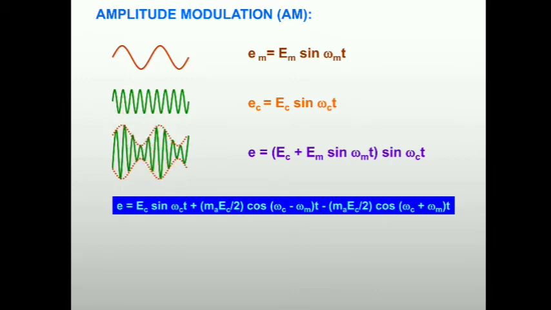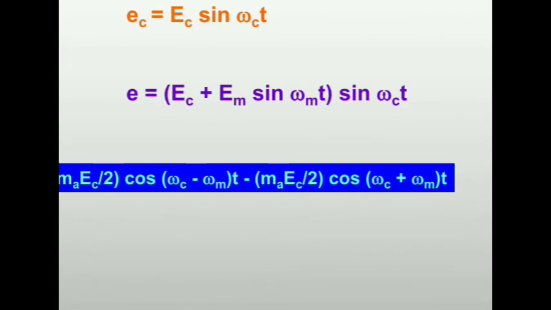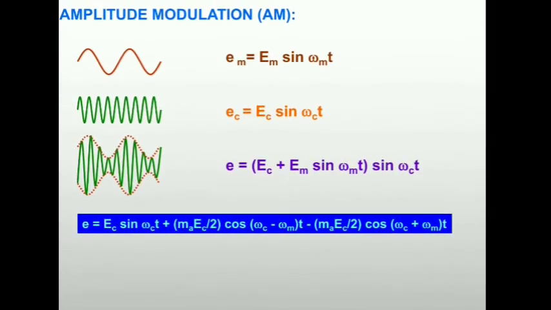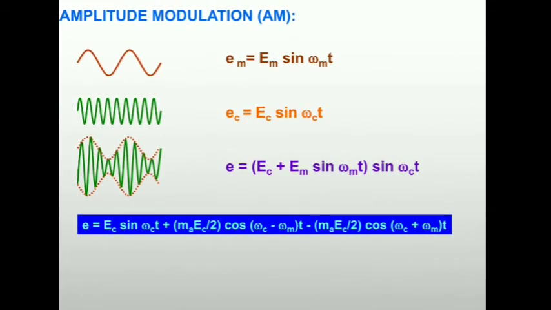The maximum is represented by cos (omega_c plus omega_m) t. This is the amplitude modulation equation.